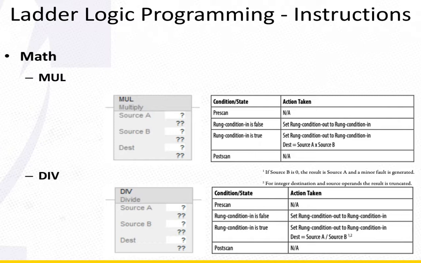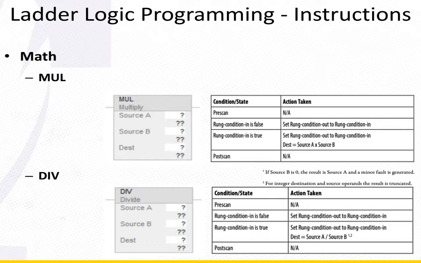You have to have a place to store the result of multiplying A times B. If the rung in condition is true, then it will store A times B in the tag which is given as the destination. And it will also set the rung out condition as true. If the rung in condition is false, then it will not do anything to the destination and will set the rung out condition to be false.